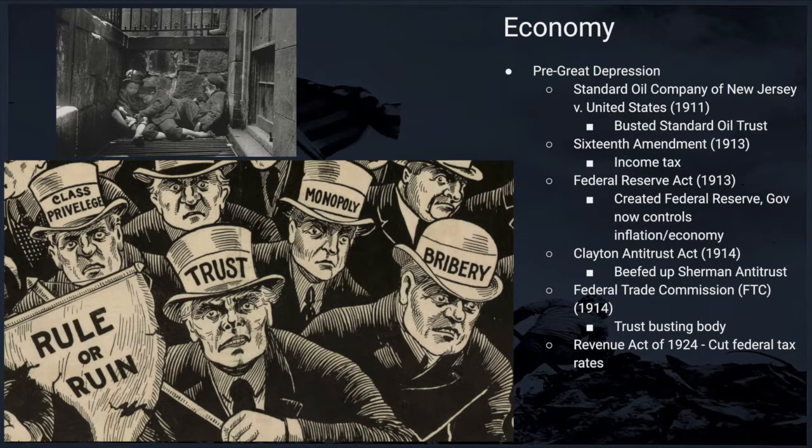Finally, we have the Revenue Act of 1924, which is where the government is going to cut federal tax rates. So you can see even among all these progressive things, we still have some more conservative ideas of cutting taxes in America.